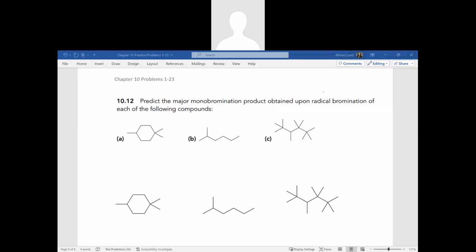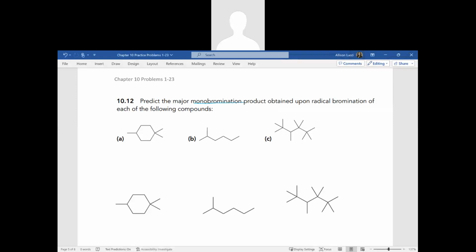In Chapter 10, Problem 12, we are asked to predict what the major product would be for a monobromination of the following compounds. So we have A, B, and C listed here.